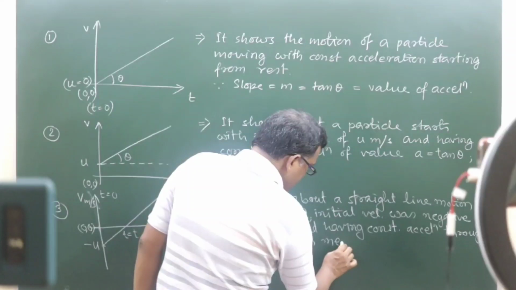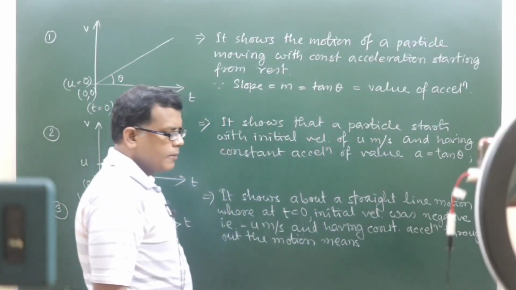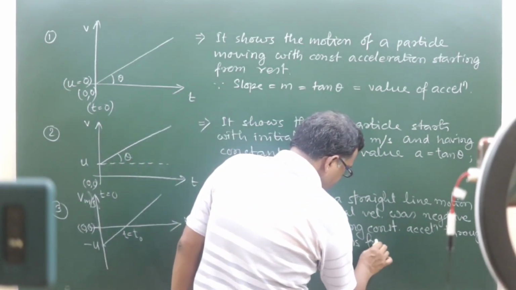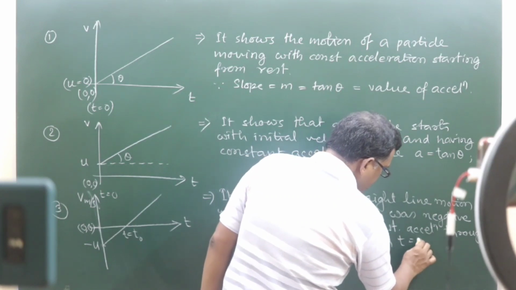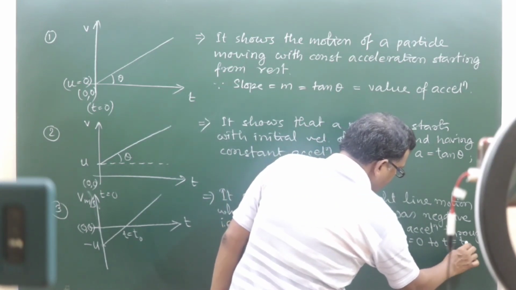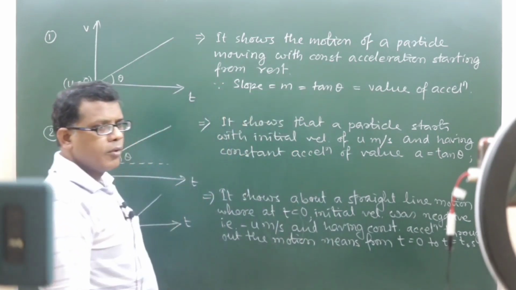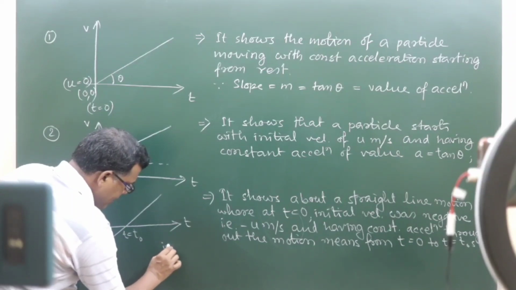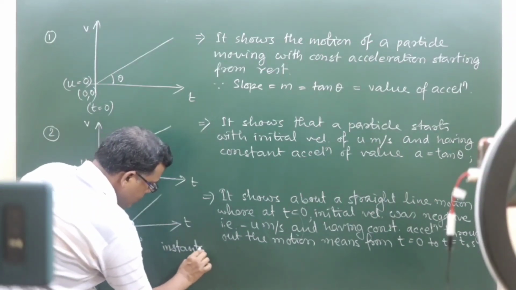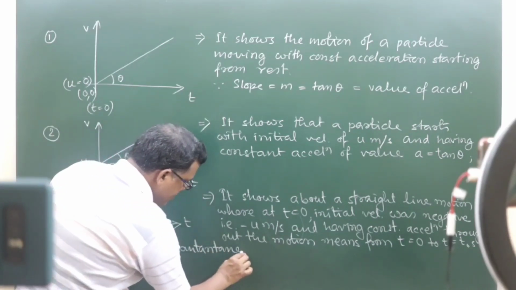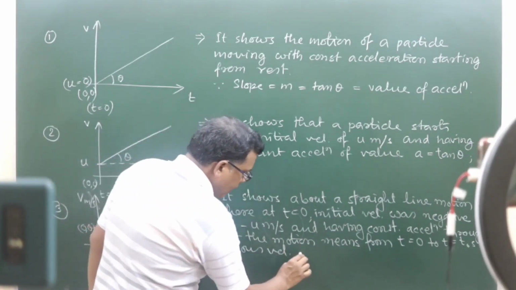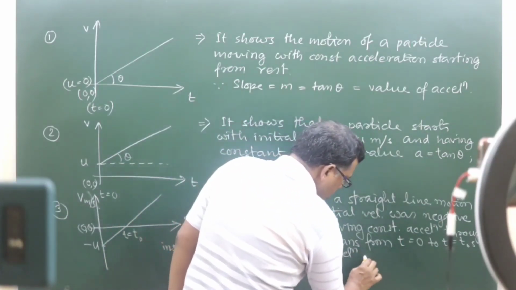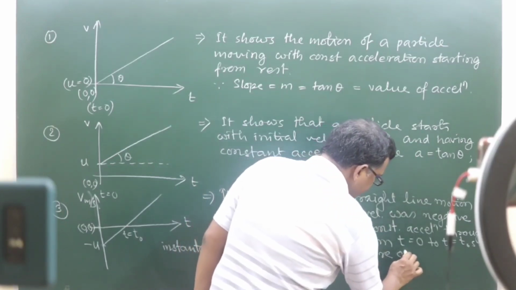Constant acceleration throughout the motion means from t equal to 0 to t equal to t naught second, the instantaneous velocity and acceleration were opposite in direction.